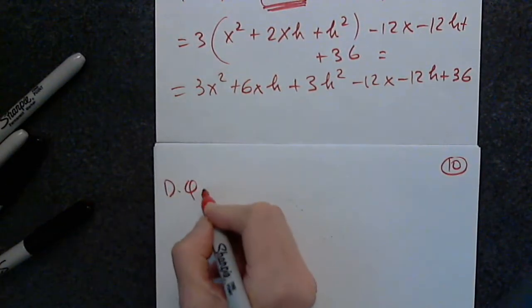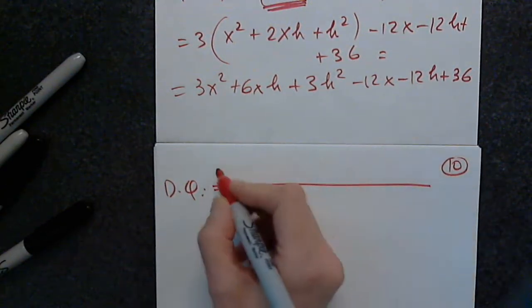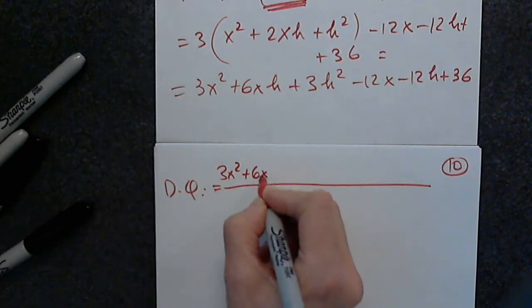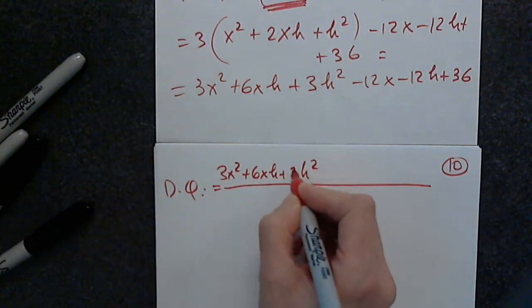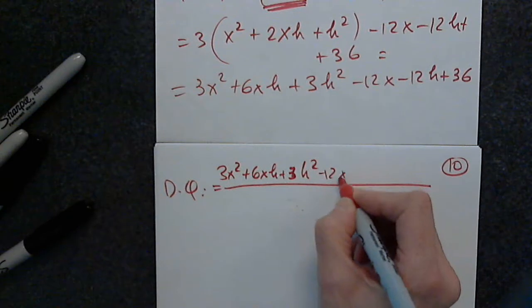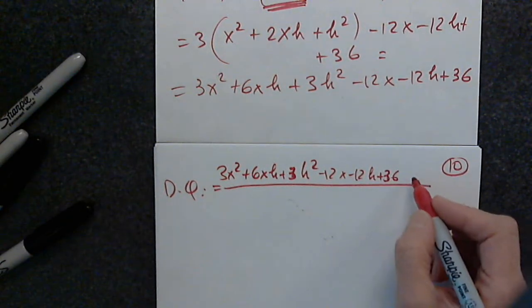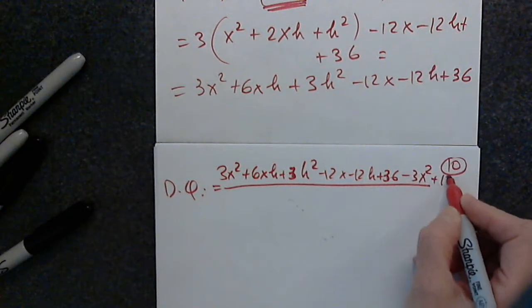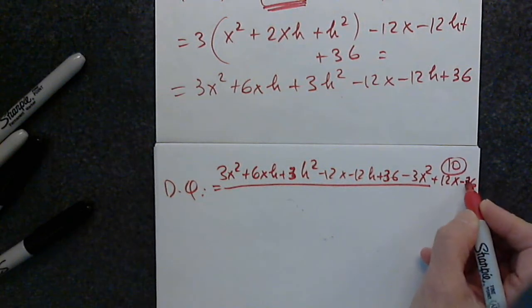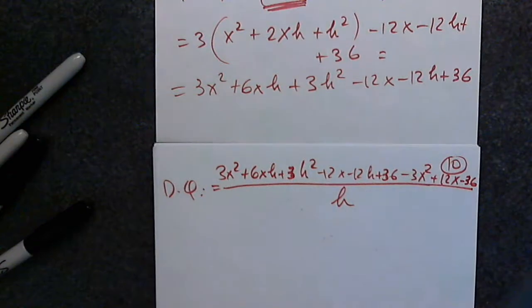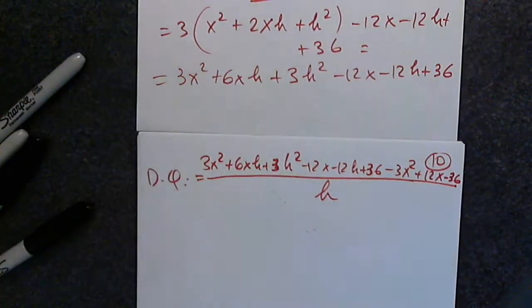So the difference quotient will be 3x squared plus 6xh plus 3h squared minus 12x minus 12h plus 36, and then minus 3x squared plus 12x and minus 36 divided by h. So I had to distribute -1 in the function because I have to subtract the function.